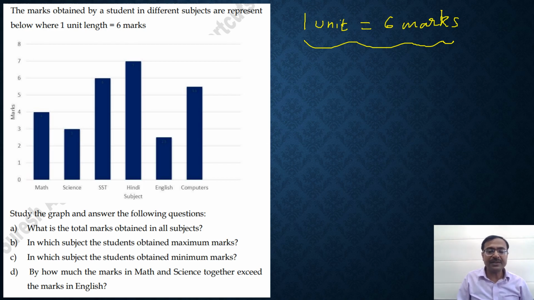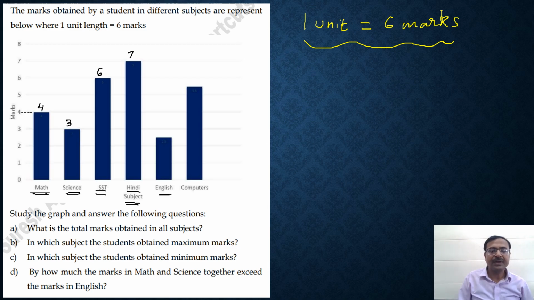So if you see the first value there, I'll just show it to you. This is maths, and for maths, the height goes up to 4 on the y-axis, and similarly for science, the height goes up to 3 on the y-axis. For SST, it goes up to 6. For Hindi, it goes up to 7.